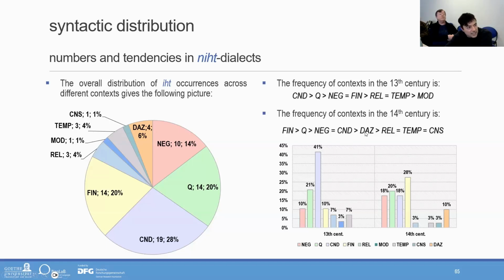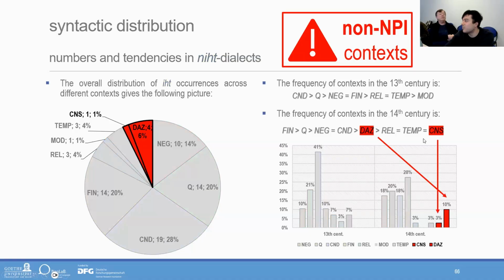Those das clauses and the consecutive ones. But they have a problem because we said ich was actually an NPI. And if we take those contexts, these are not really typical contexts that could license NPIs. So the input, let's say, is not downward entailing or non-veridical to be able to license an NPI.